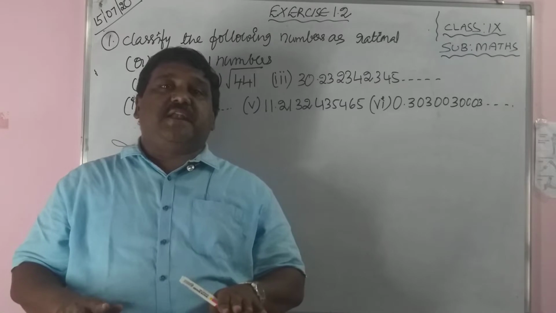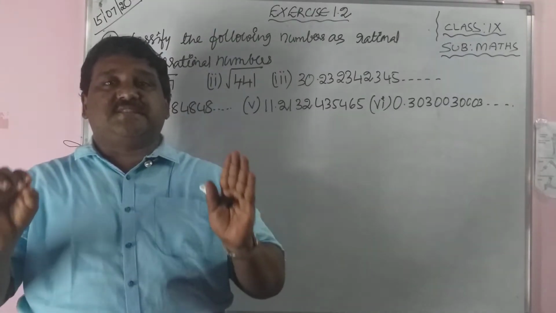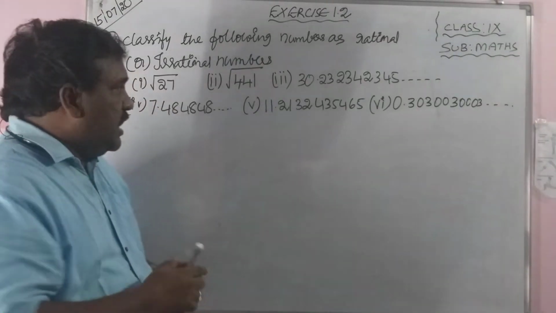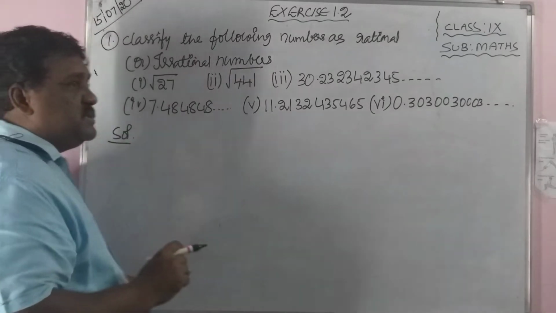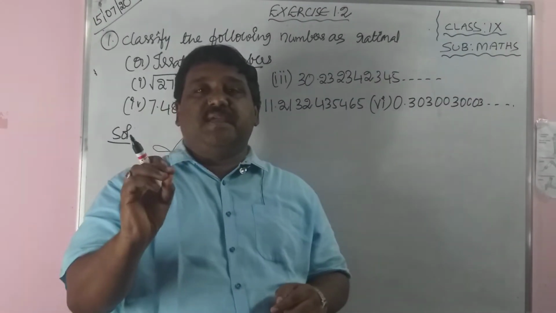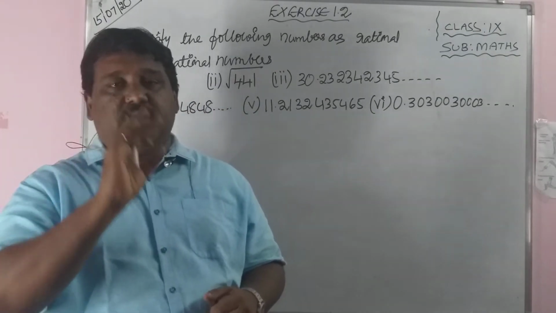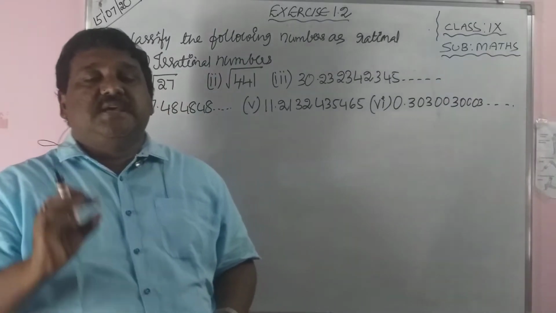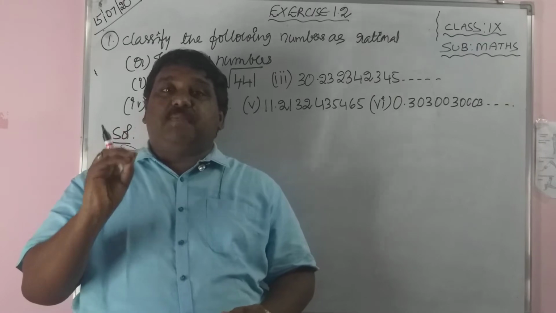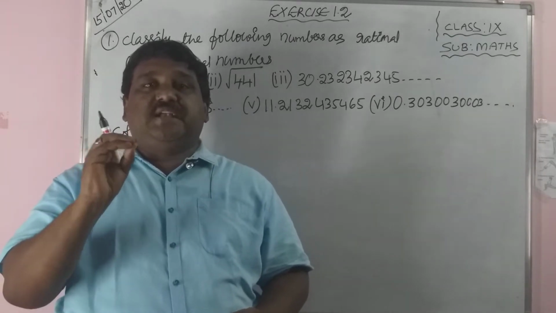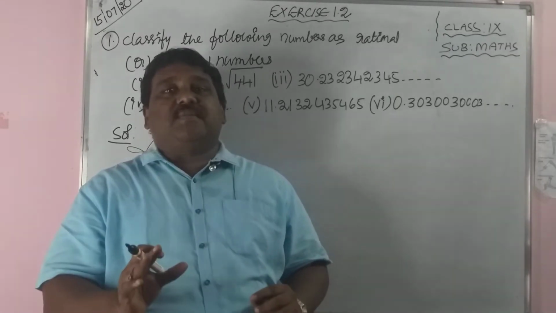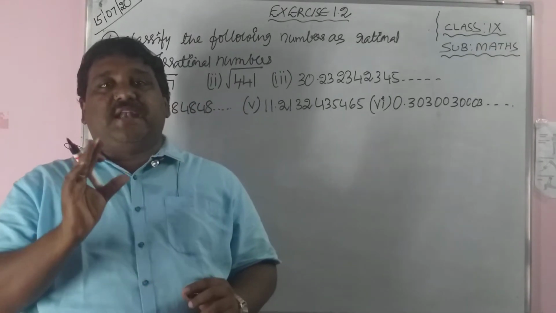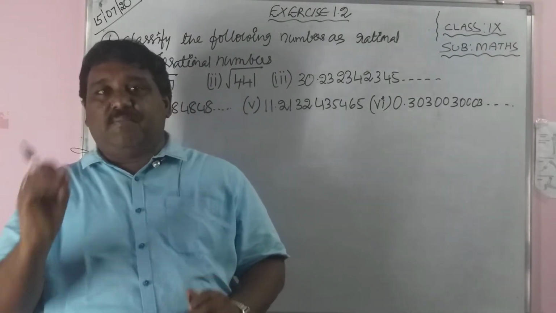A non-terminating, non-repeating decimal is an irrational number. Remember those points.